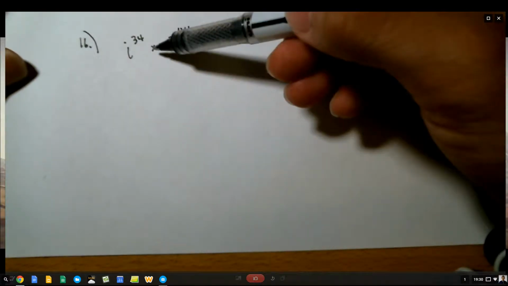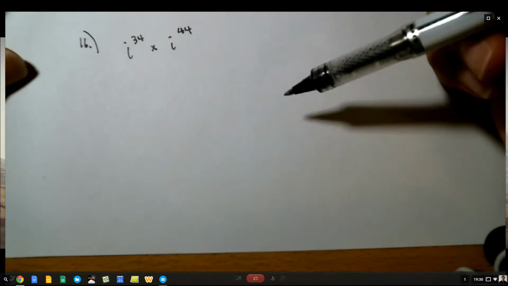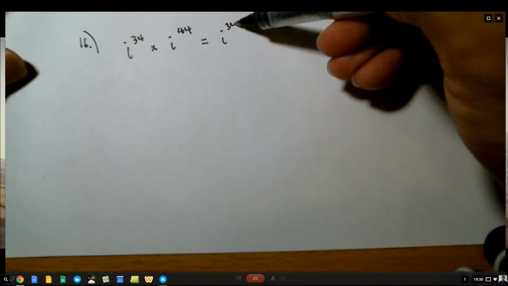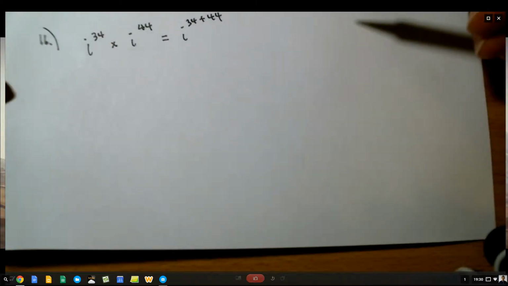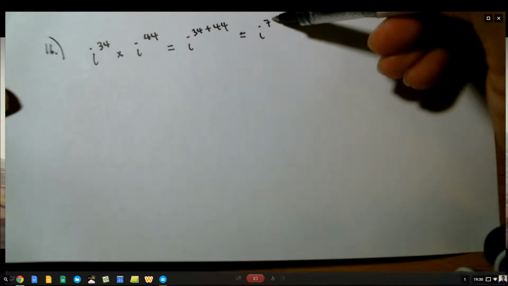Remember when you multiply, what happened to the exponents? You can add the exponents together. So that is the equivalent of saying i to the 34 plus 44. And that is equal to i to the 78.